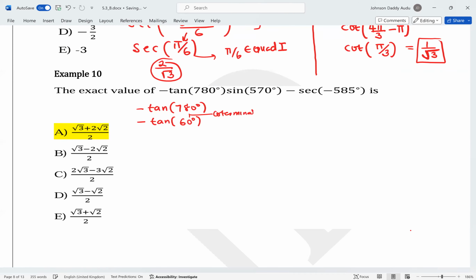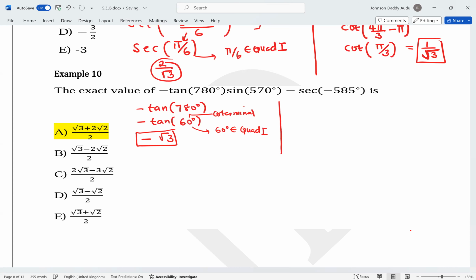Now, since we are at 60 degrees, your theta is in quadrant 1. Since it's in quadrant 1, it's okay. It's just going to be minus tan 60. This is easy to find. Tan 60 is root 3, so you have minus root 3 here. This is for the first term.